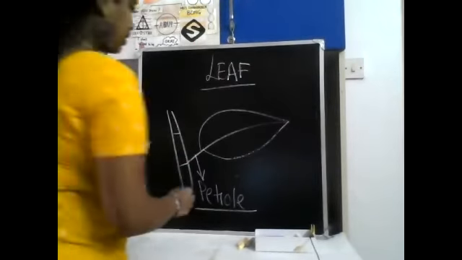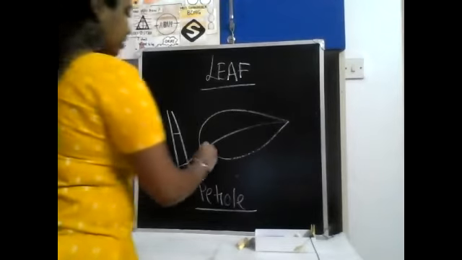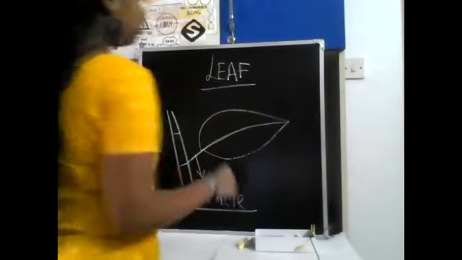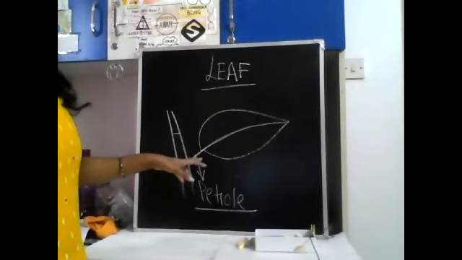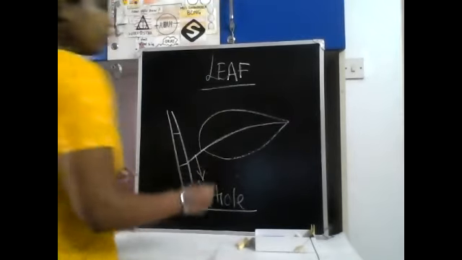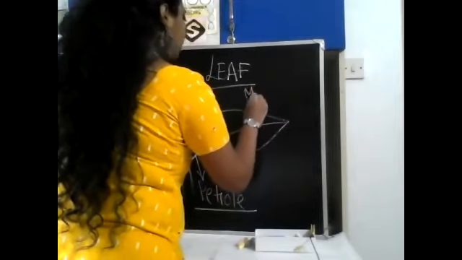Okay, next, this is the central line in the leaf. That is called the midrib.